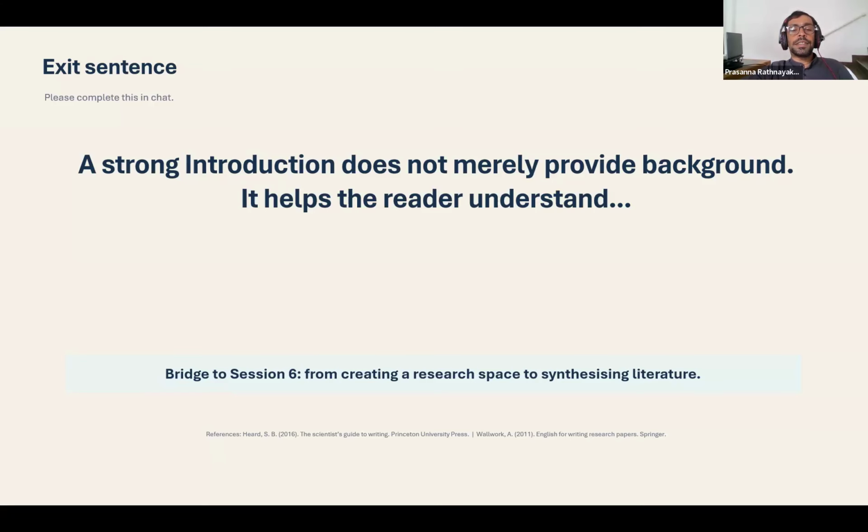So I'm receiving your responses. It helps the reader understand why the study matters, or... Need of further examination? Yes, Mahesh. Yes, Akila. Understand the broader context, purpose of the specific niche, and how the study is occupying the stated gap or niche.